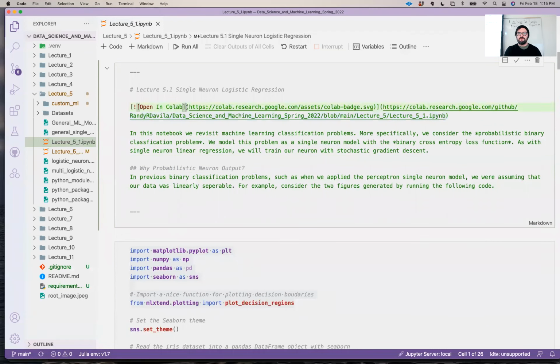Here's the link right here, and before it, this is a special badge to show that button to click on. So you just have to double click the markdown and you'll see it. Once you have your GitHub repository set up, you can copy what I did here and put your URL in there, and then you'll have a button too.